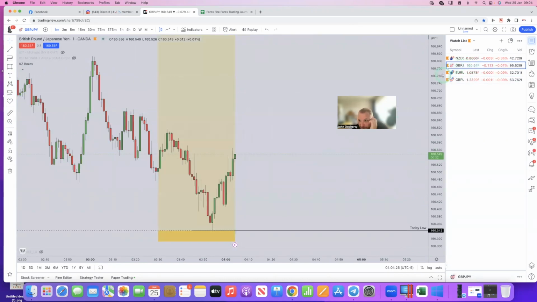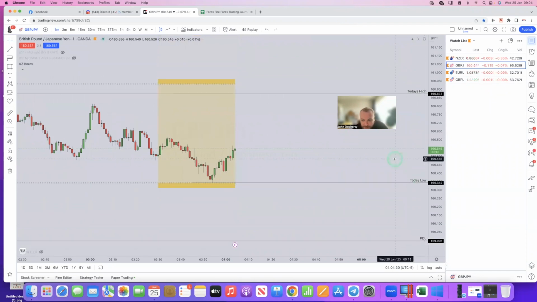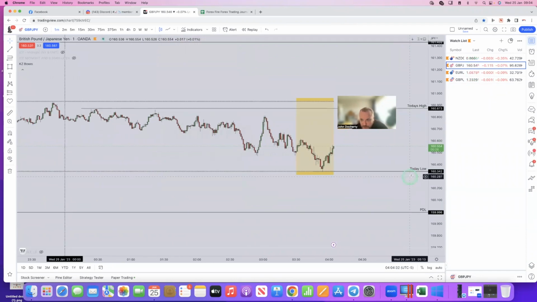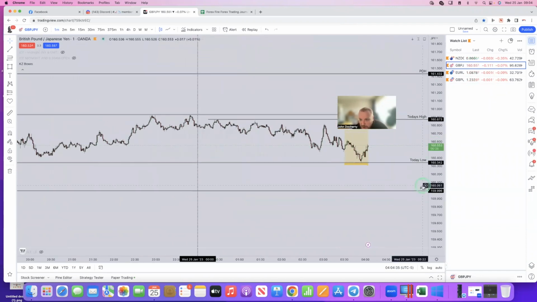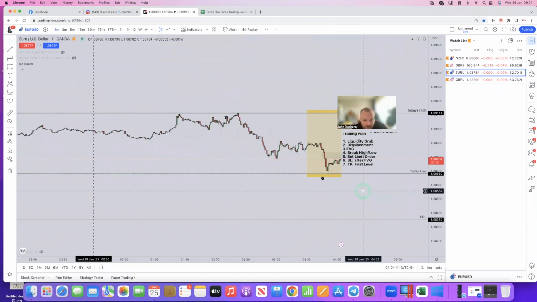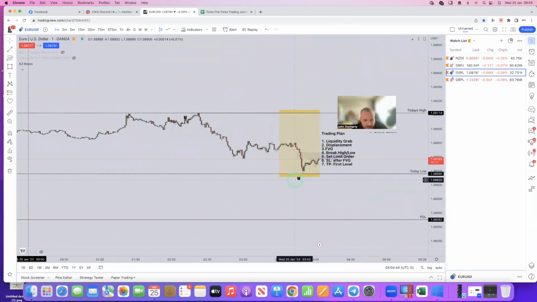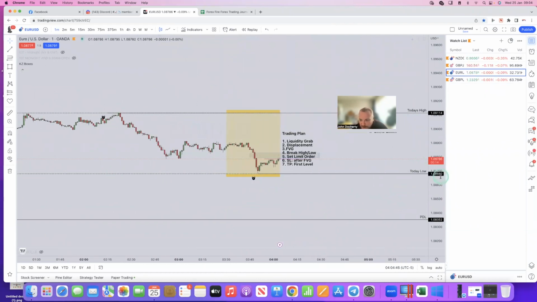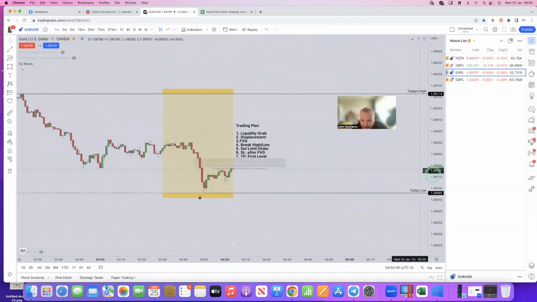I have added the GBP JPY with the fence posts, so to speak, but again, I've not set an alarm on that. I'm just taking an interest at the moment on the Euro USD, and more so in this session here.